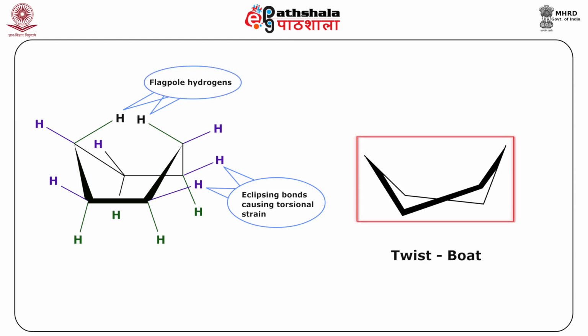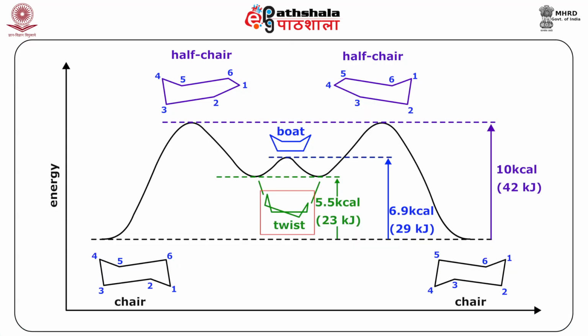In twist boat conformation, the planarity of the 4 carbon atoms is distorted or twisted, and hence the name twist boat. By twisting the planar carbons, the strain due to eclipsed bonds in boat is somewhat relieved, and that is why you can see in the energy diagram the twist boat conformation has a lower energy than the boat conformation.